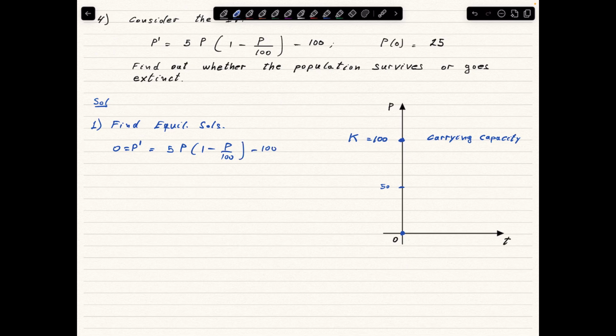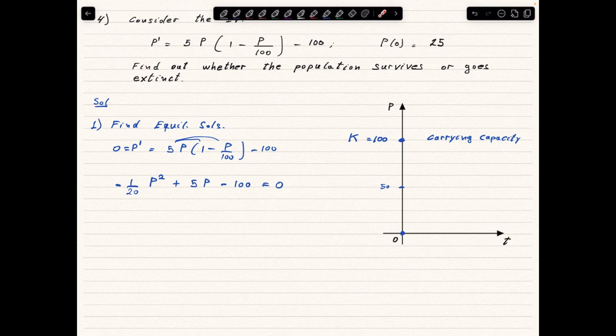All that equals 0. So we need to find the roots of a polynomial. And what polynomial is it? Well, we distribute, we rearrange terms, and we are going to have negative 1/20, I did a simplification there, p squared plus 5p minus 100 equals 0. Okay.